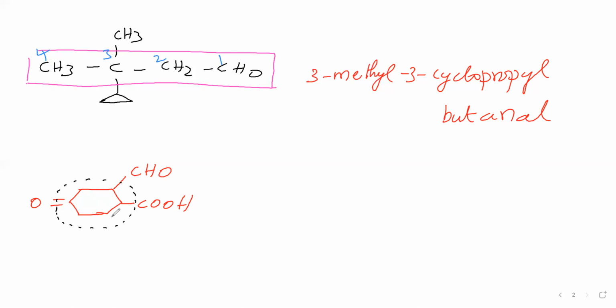In this parent, the main functional group carboxylic acid carbon is not included. So in the parent, the cyclic 6 carbon atoms are included. The carboxylic carbon is not included in the parent. The aldehydic carbon is not included in the parent, but the ketone carbon is included in the parent.